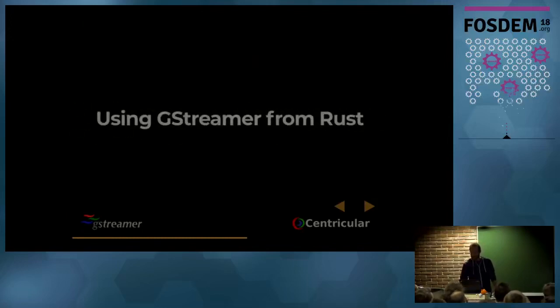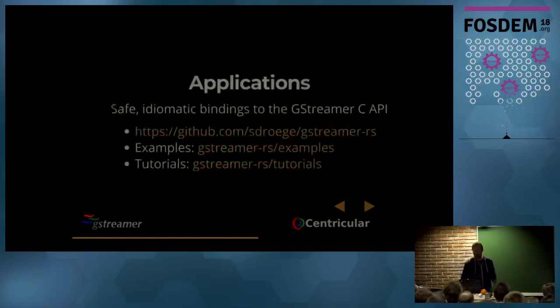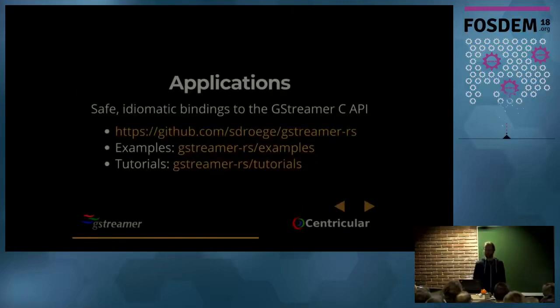So then let's talk a bit about using GStreamer from Rust, what is possible at this point. So the first thing that you might want to do, and what the majority of people using GStreamer are doing, is writing applications.